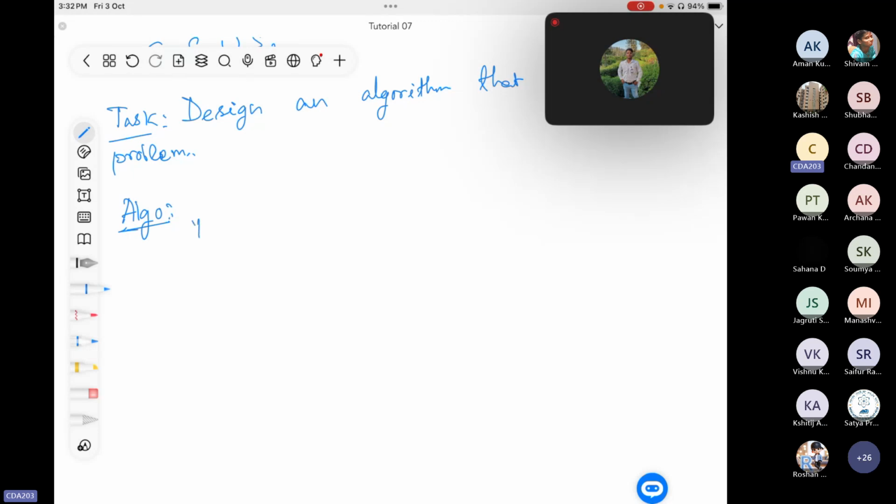What is our input? Our input is this set and its family. The family has subsets of different cardinalities.